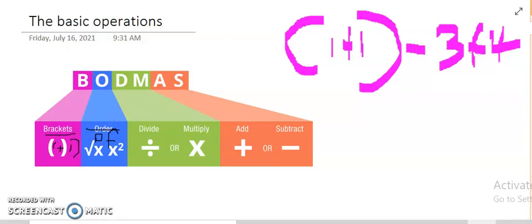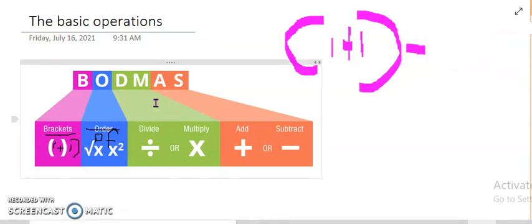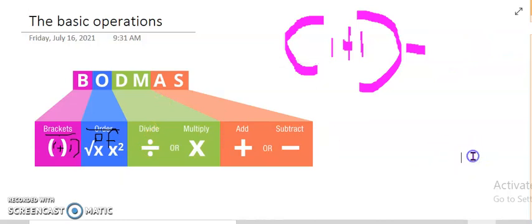So that's why we have to use our rules of BODMAS so that we get the right answers when we're given questions like that. So I'm going to give out another equation with all the rules of BODMAS in it to help us even more.